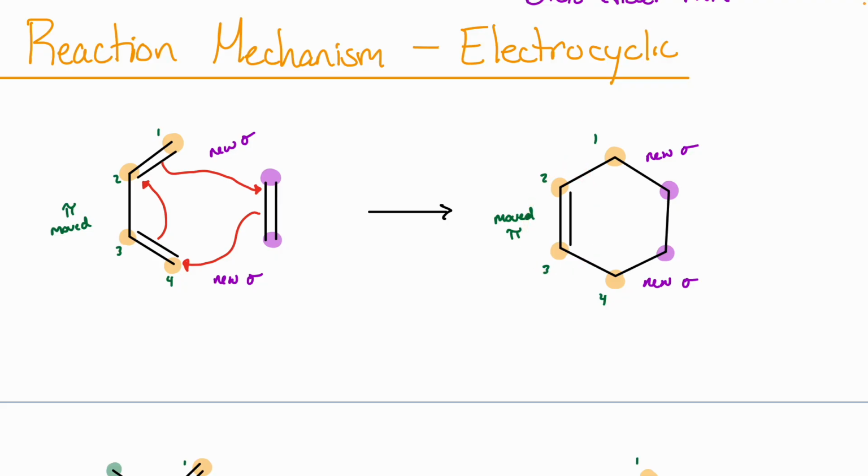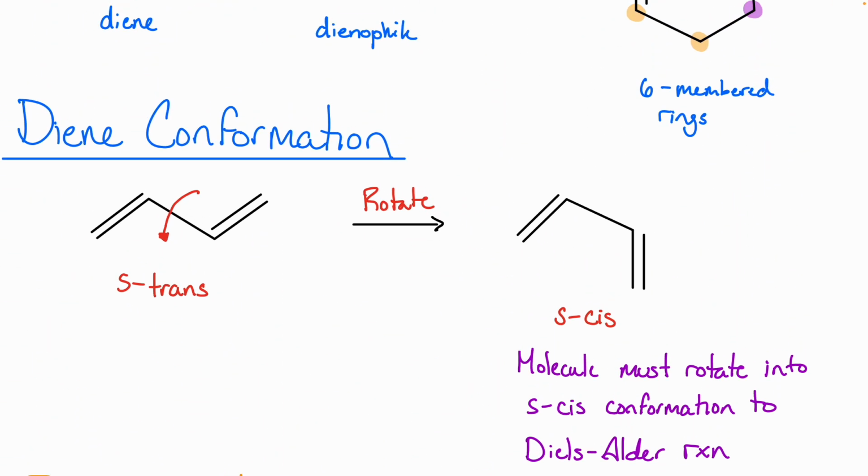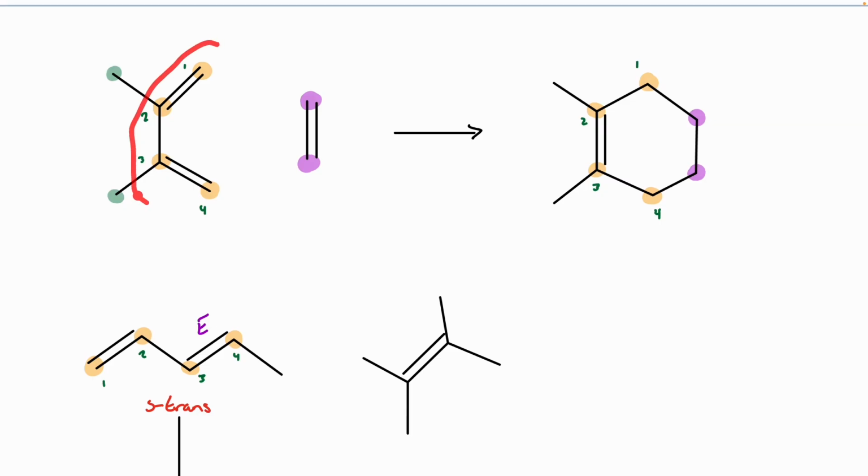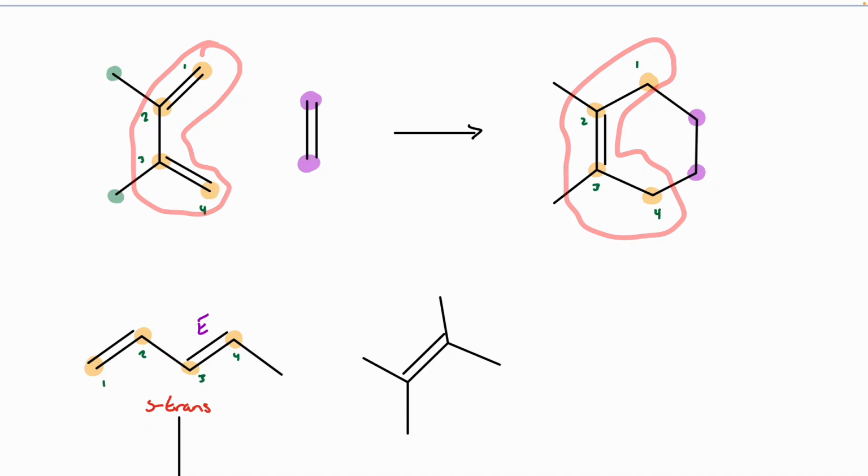In order for this reaction to occur, we got to take our diene and put it in what we call the s-cis conformation, and that makes it a little easier to see. Again, we got to have this strategy where we number our carbons that are involved in our reaction to help us match from the left to the right.